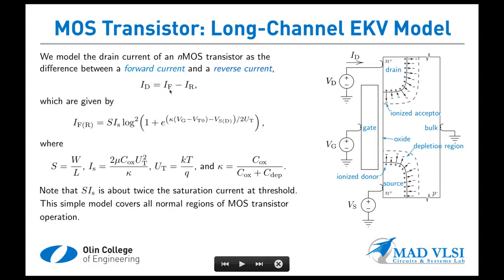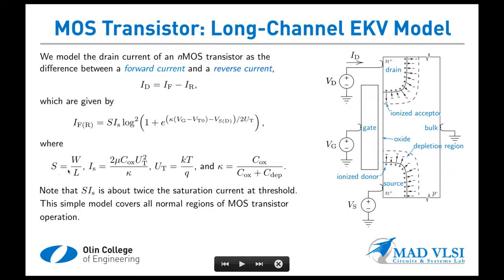The forward current component has this expression involving the source, and the reverse current has the same expression, only it involves the drain voltage. So it's S Is times log squared 1 plus e to the kappa Vg minus Vt0 minus Vs or Vd, depending on whether you're talking about the forward current or the reverse current, over 2Ut.